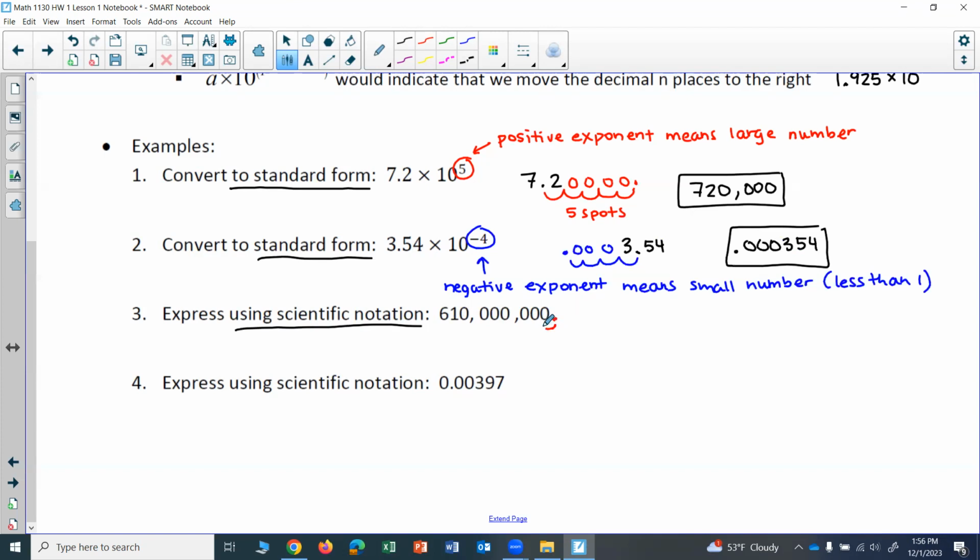So I'm going to count how many times I have to move that decimal to get only one non-zero digit before the decimal. So I have to move it 1, 2, 3, 4, 5, 6, 7, 8. So I move the decimal 8 places.